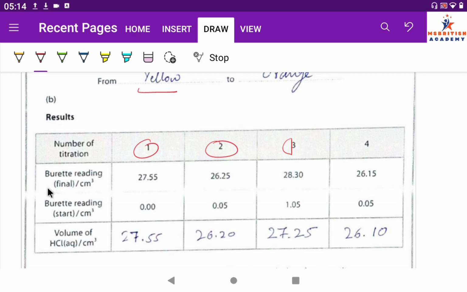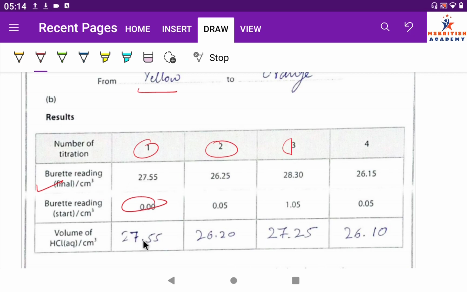The burette starting readings: here it was completely empty, 0.00, and in the second there was some liquid, in the third there was some more, and in the fourth there was also some. So finally, what is the volume of HCl in the first case?